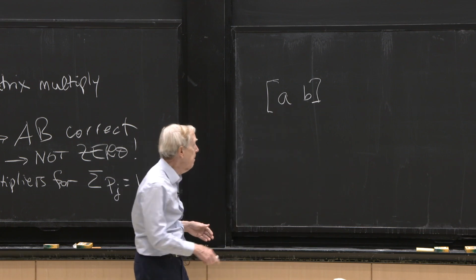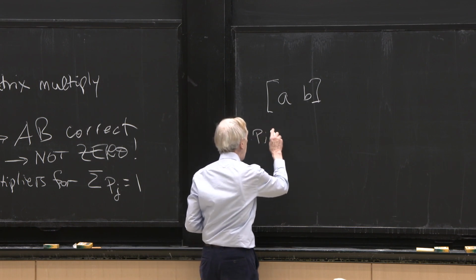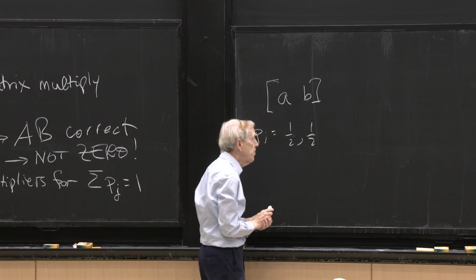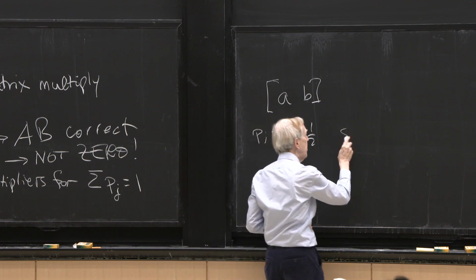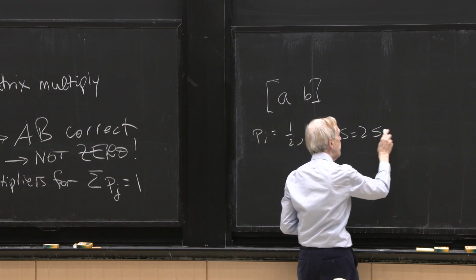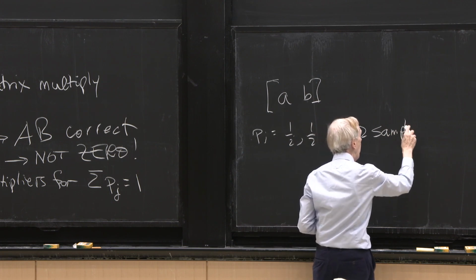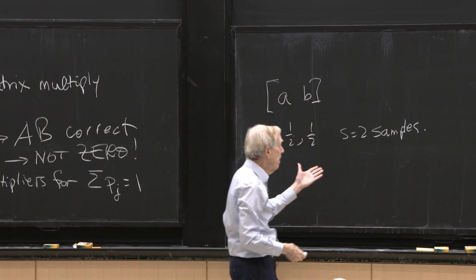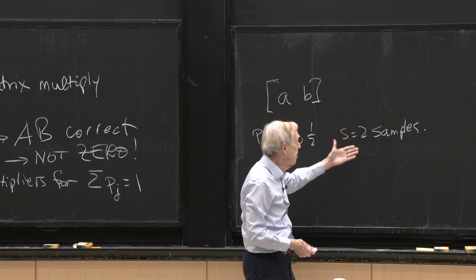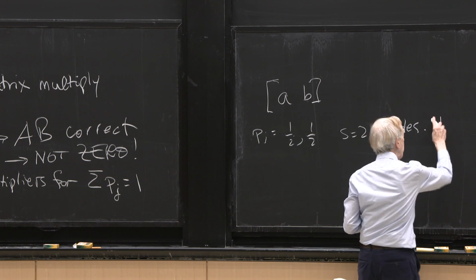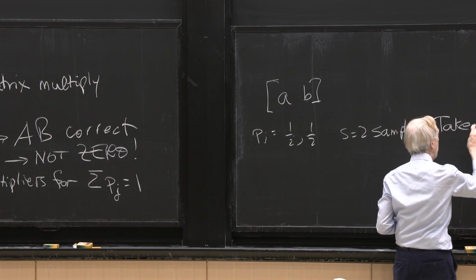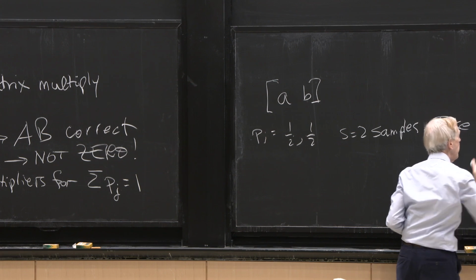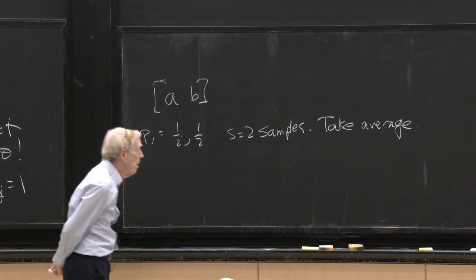So the probabilities are going to be 1/2 for the two columns. And I'm going to do S equal to 2 samples. And I'll weight them and take the average of the two samples.